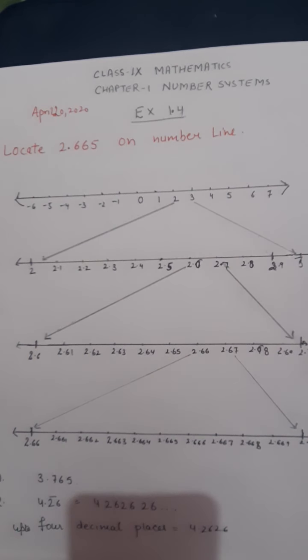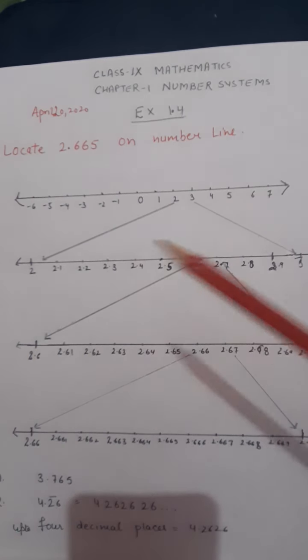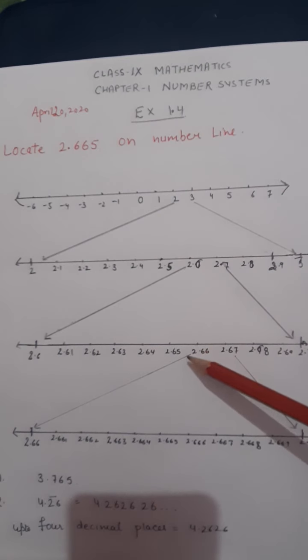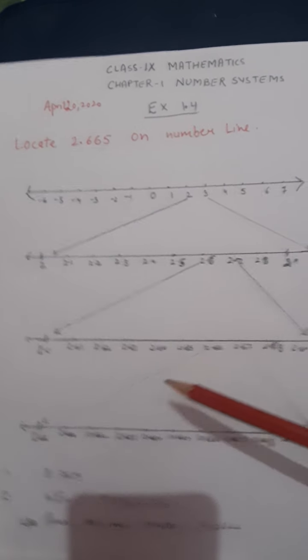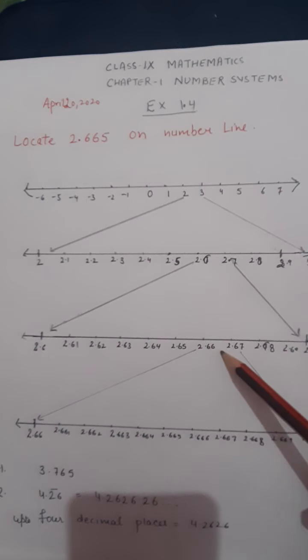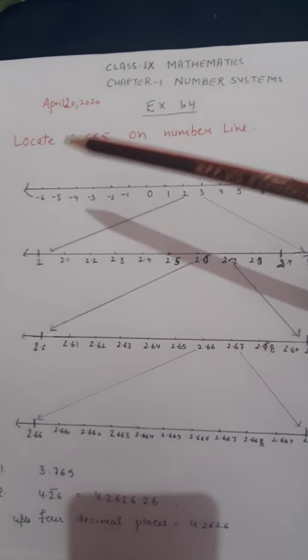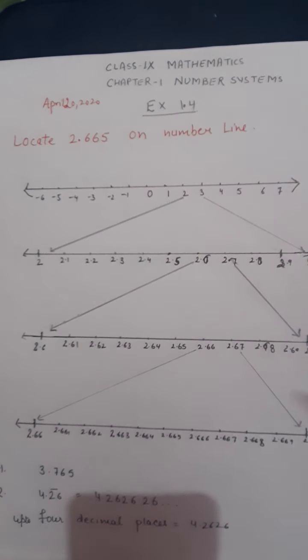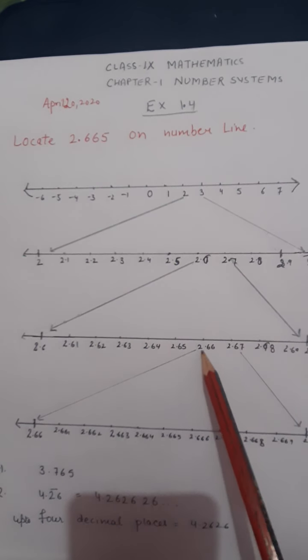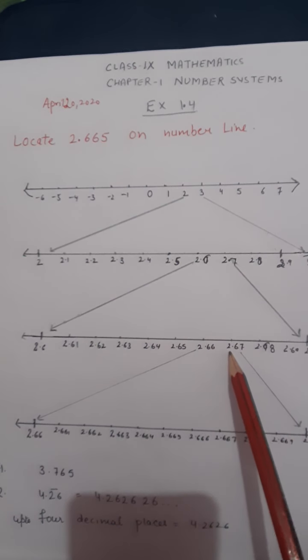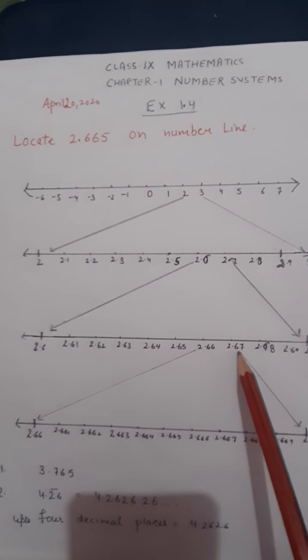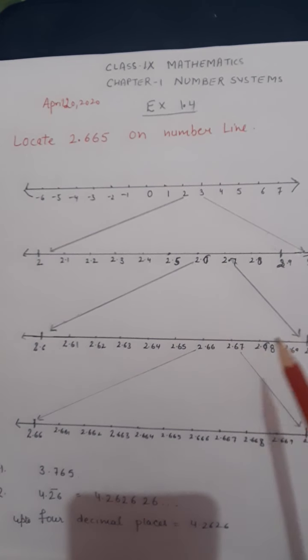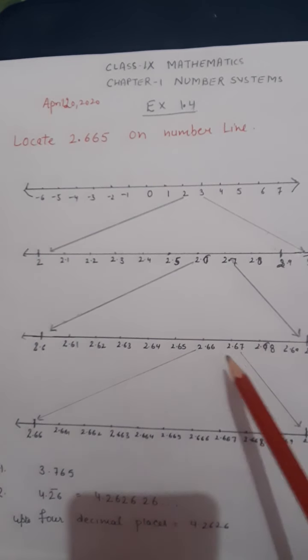Now what can we find? 2.66. 66 is here, 2.66 is this. But exactly we are looking for 2.665. 2.665 will lie between 2.66 and 2.67. Now we are going to extend these two in the next step.